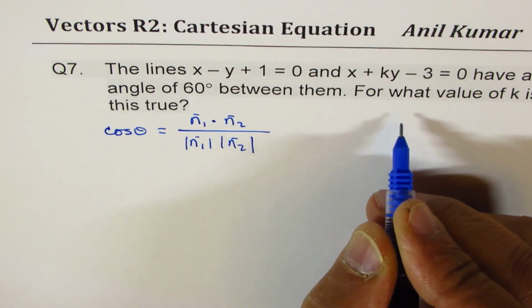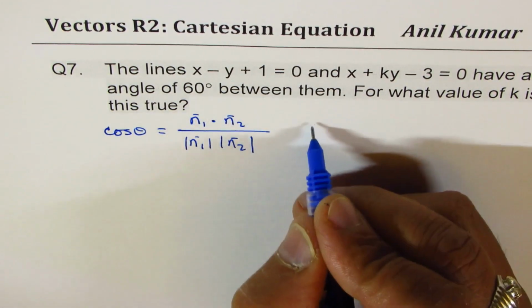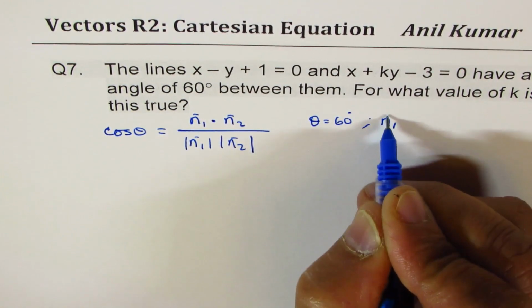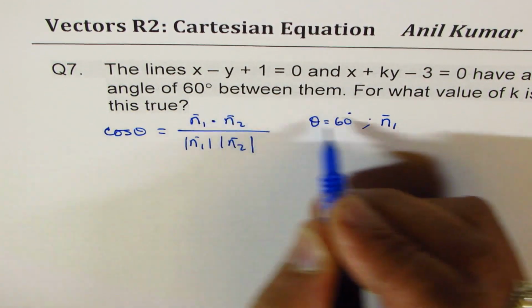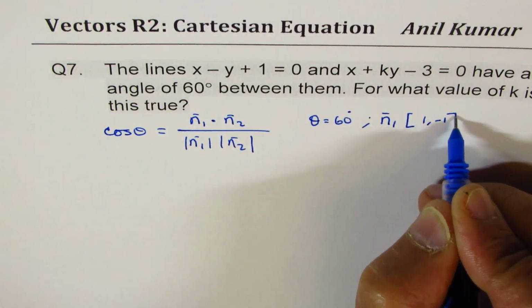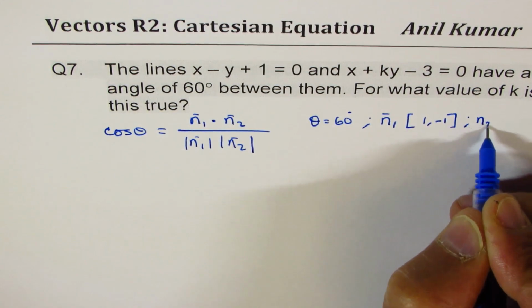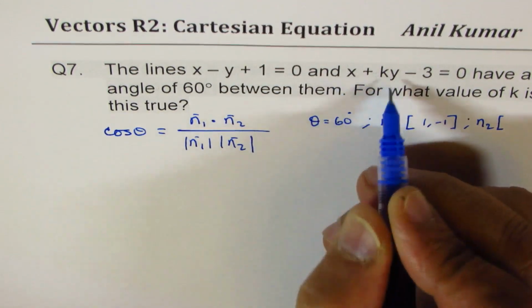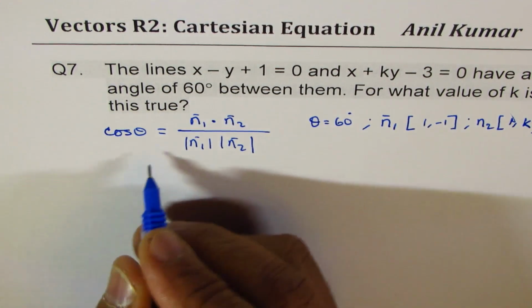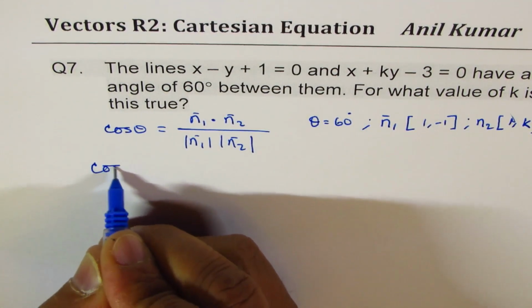Now in our case, theta is equal to 60 degrees, right? n1 is (1, -1) and n2 is (1, k).